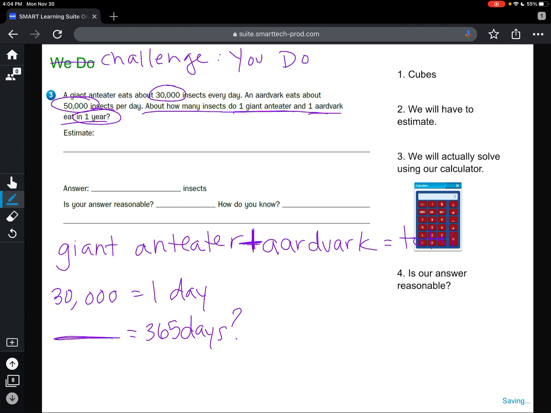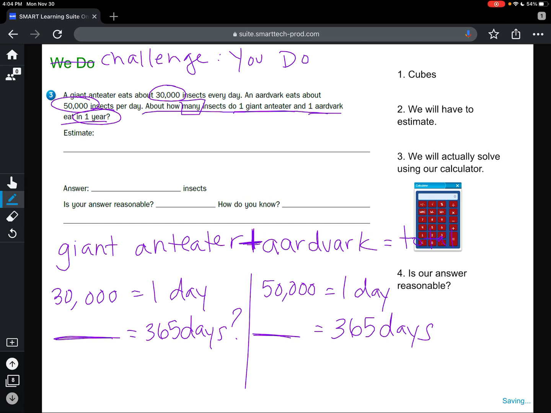So you're going to have to do 30,000 times 365, or 400 for your estimate. And then your aardvark eats about 50,000 in one day. So you'll have to figure out how many insects they eat in 365 days.